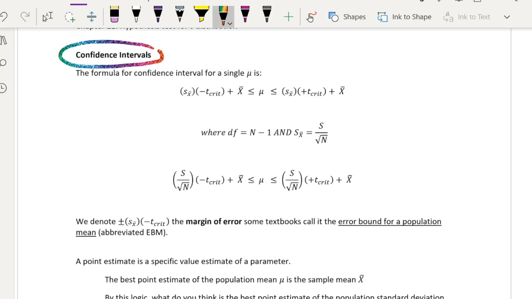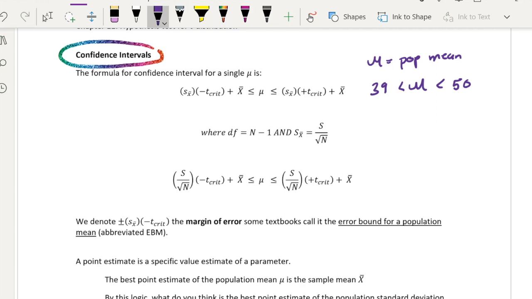What does that mean? It means that I don't know what mu, the population mean, is, but based on the information I have from my sample, I can say mu is between, I don't know, 50 and 39. It would depend definitely on the sample. This is just an example.